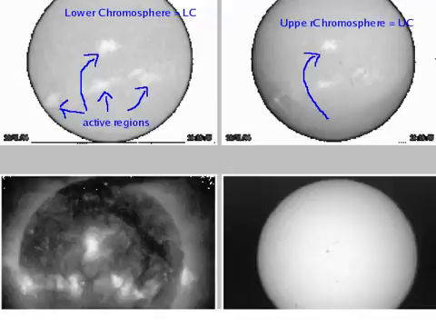Yeah, that almost has the same texture or the same indentation as the plage on the lower chromosphere on the upper left. And then you have these three main areas of activity.